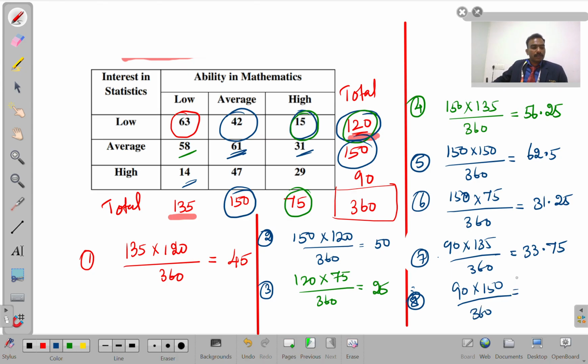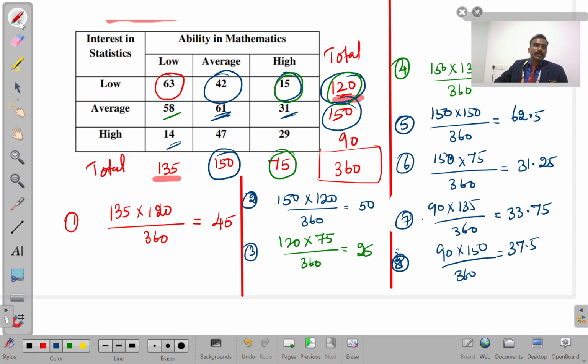The answer is 37.5. Then finally, the ninth one, the last value is 29. The corresponding row total is 90, the column total is 75, divided by 360. It will be 18.75. Once you find the corresponding expected values, we can go for the test statistic.